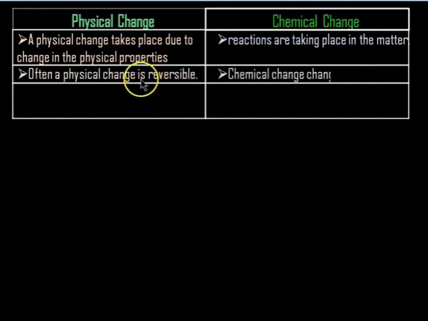Often a physical change is reversible, that means it can be reversed. Chemical change is irreversible. If a chemical change occurs in a substance, then the original substance is not easily obtained back, means it is irreversible.